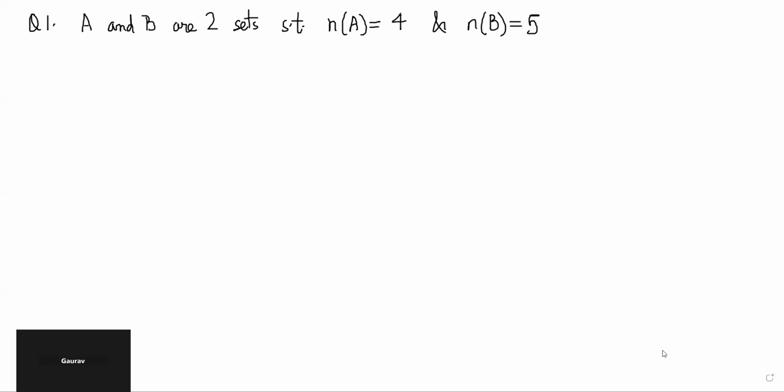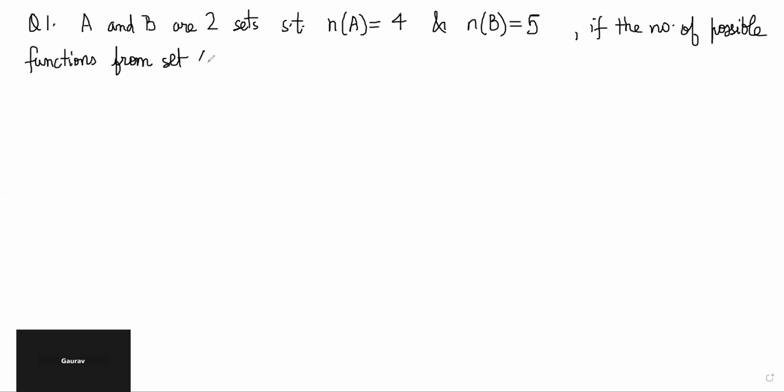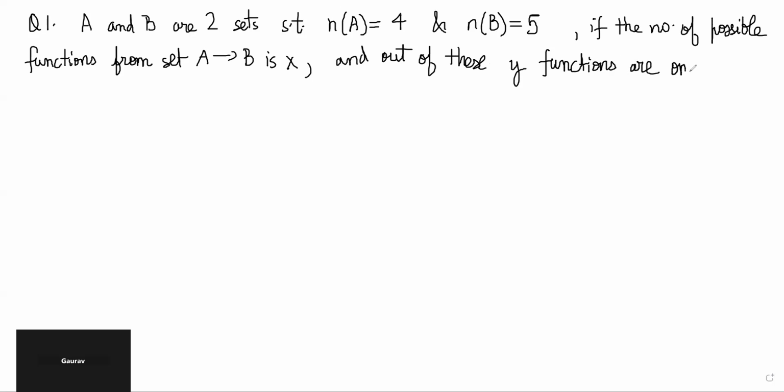If the number of possible functions from set A to B is x, and out of these, y functions are one-one, you have to find x plus y.